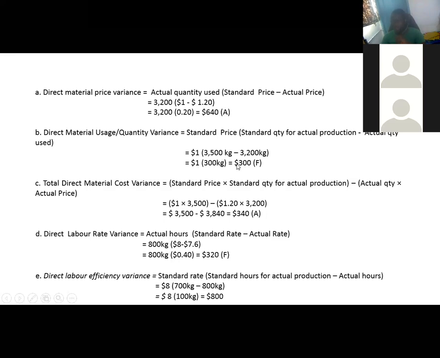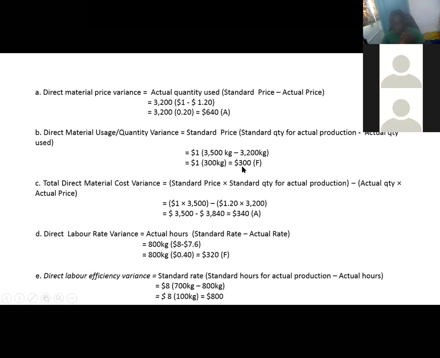Please, the total figures are not going to be in kilograms. No, we are talking about cost, money here. So for your total, you must add a currency symbol to it. You don't have to write 300 kilograms here as your final answer.